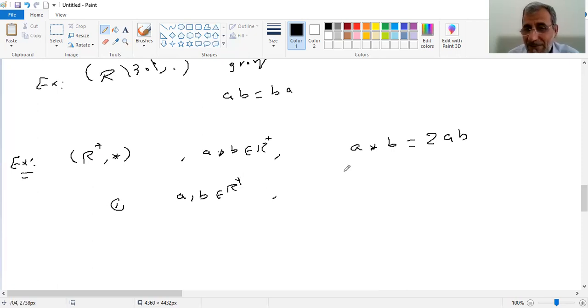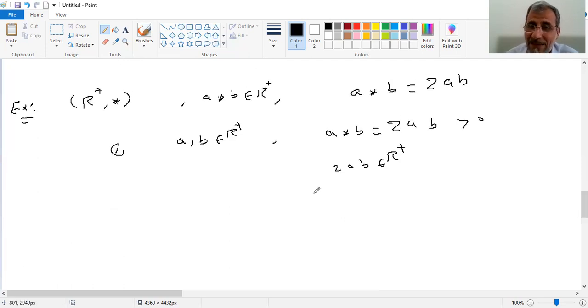What about now a star b? By the definition, 2 times a positive, b positive, so this is positive. That means 2ab is a positive real number, because a positive, b positive, times 2. That means the first property, a star b is in R positive, holds.